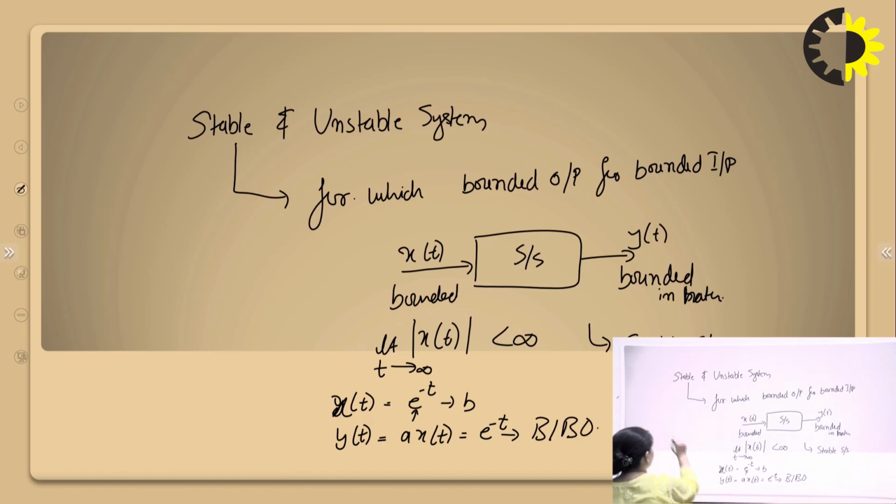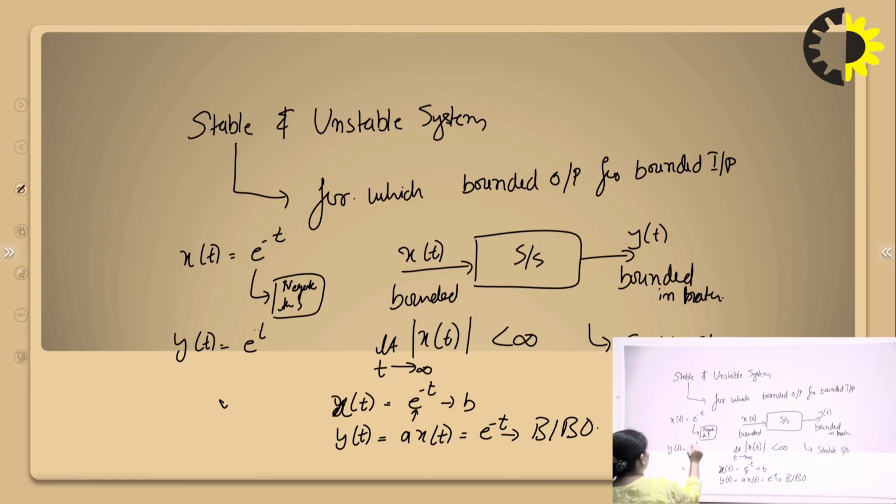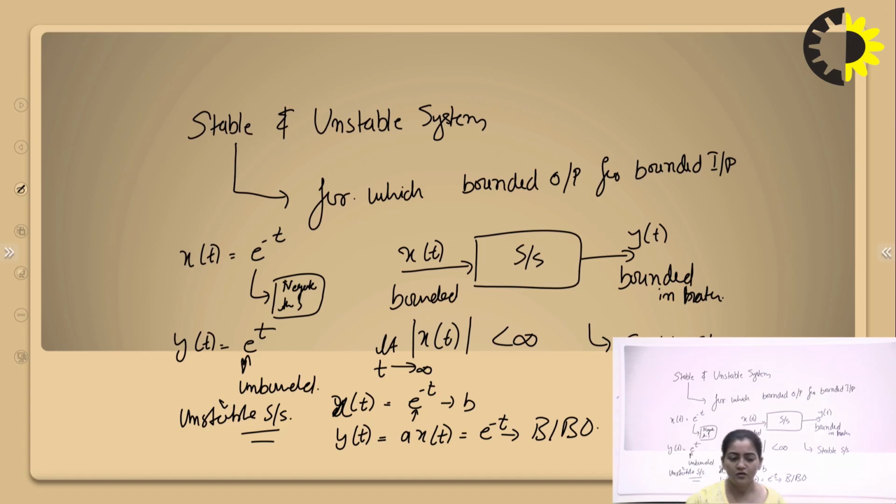Or, if x(t) is equal to e^(−t) and the system negates the signal, then y(t) is equal to e^t, then this is unbounded in nature, so this is an unstable system. So this is all the classification of the systems.